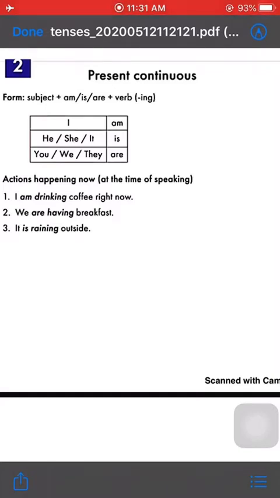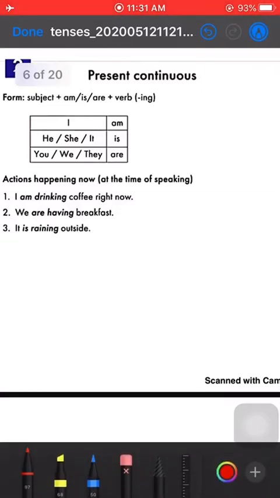Now here again, subject could be I, he, she, it, you, we, they. Am, is, are plus verb first form. Remember this thing, present is going on, that means verb first form. Clear?